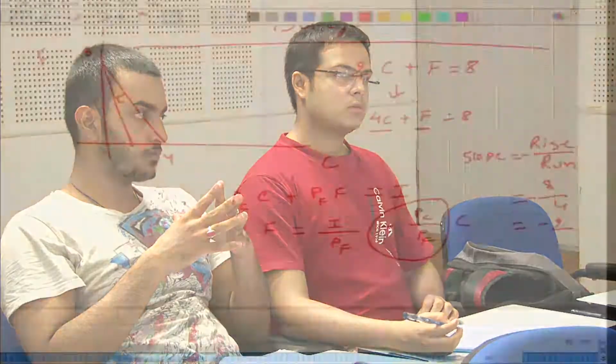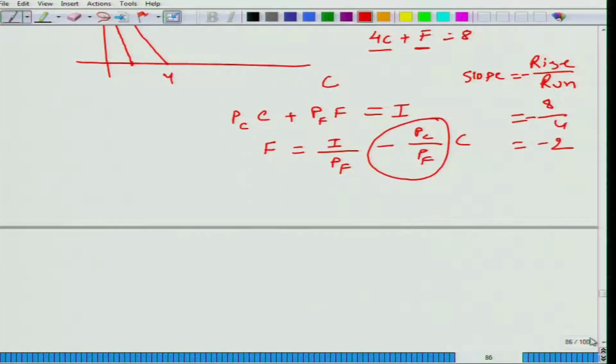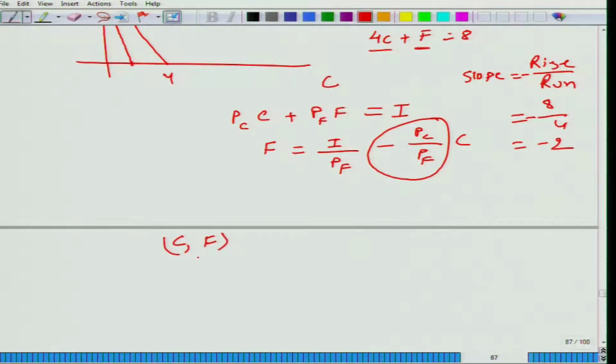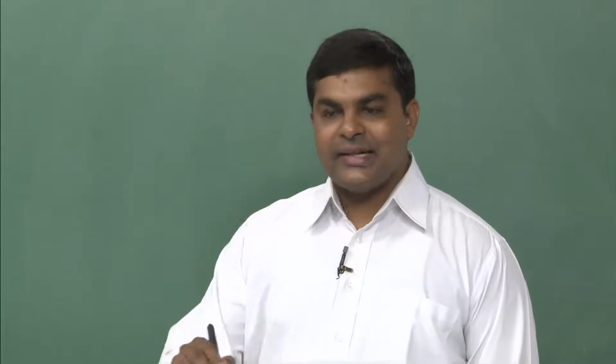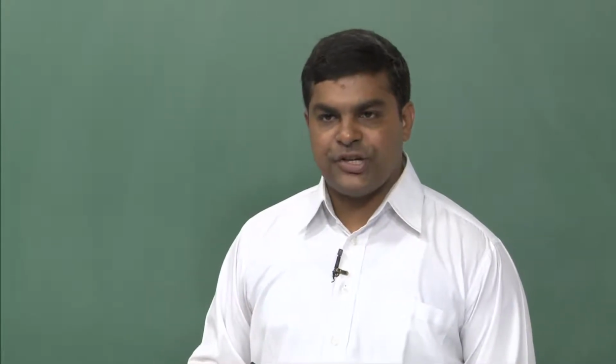Okay, very true. So, let us write it mathematically. Let us say right now you are consuming C comma F, and you are changing from C comma F to C plus delta C and F plus delta F, but you still want to satisfy the constraint, either the time constraint or the monetary constraint, and you want to exhaust all your time or all your money, whichever resources you are using.